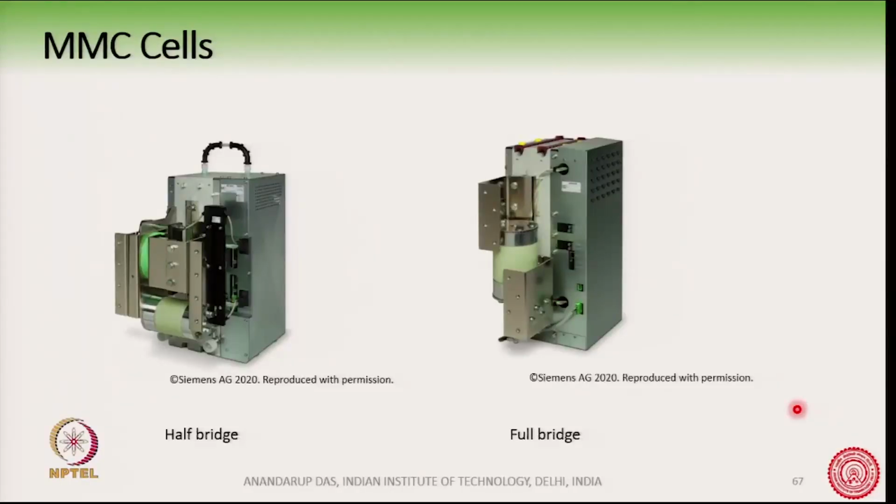Additionally, it is very clear here, these are the two terminals of the cell. So, this is one cell and these are the two terminals of the cell. So, whether it is half bridge or full bridge, you will have the two terminals. Here it is not very clear, but here also there are the two terminals.